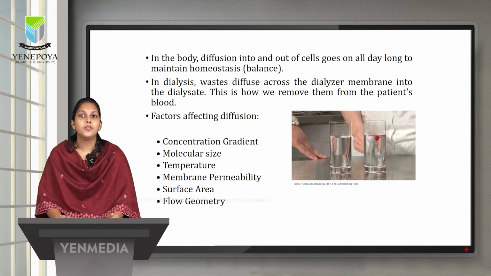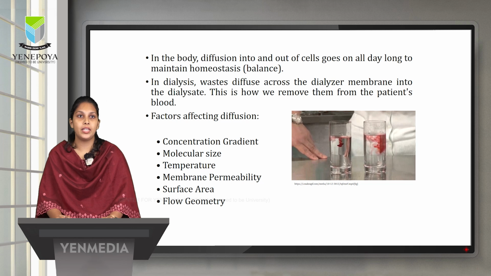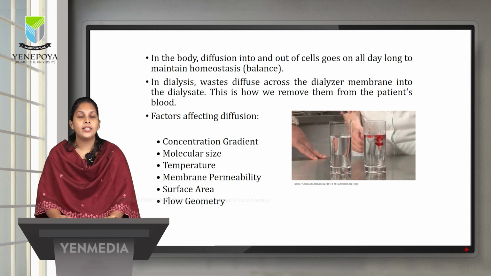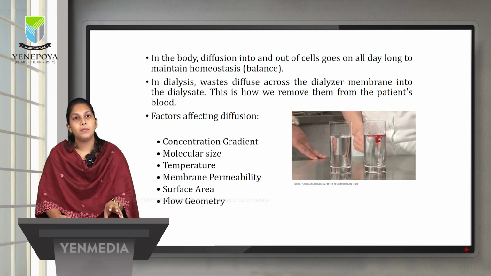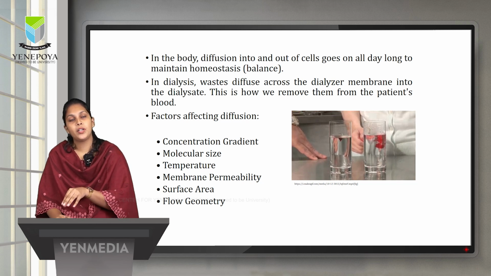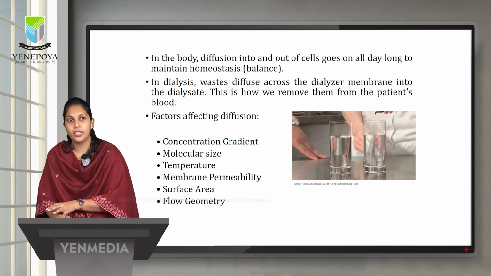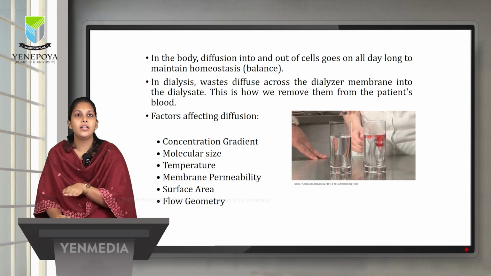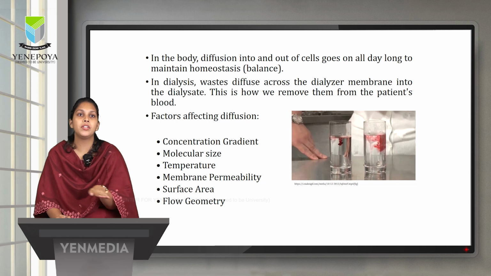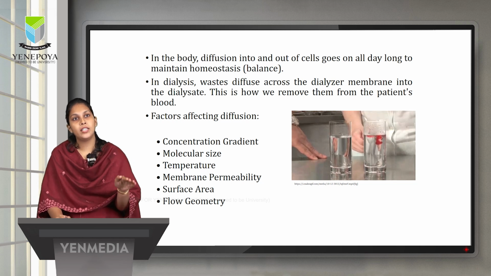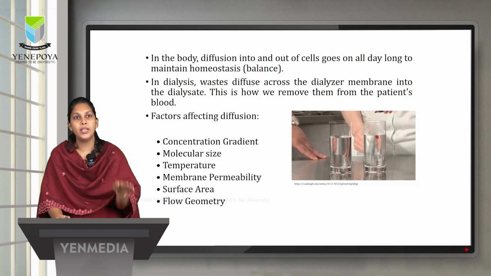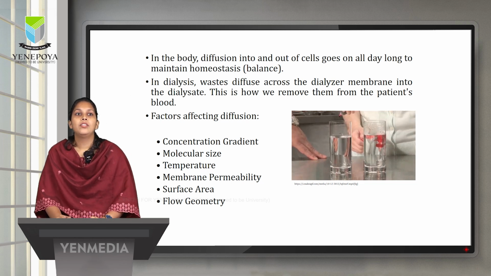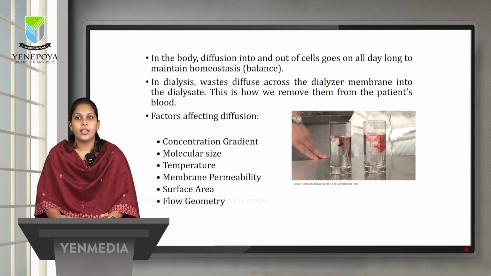We also use gradients to balance electrolyte levels in the patient's blood. For example, if the concentration of potassium is high in the blood, but the potassium level in the dialysate is less, diffusion happens and the concentration becomes equal, and the potassium in the blood is reduced.